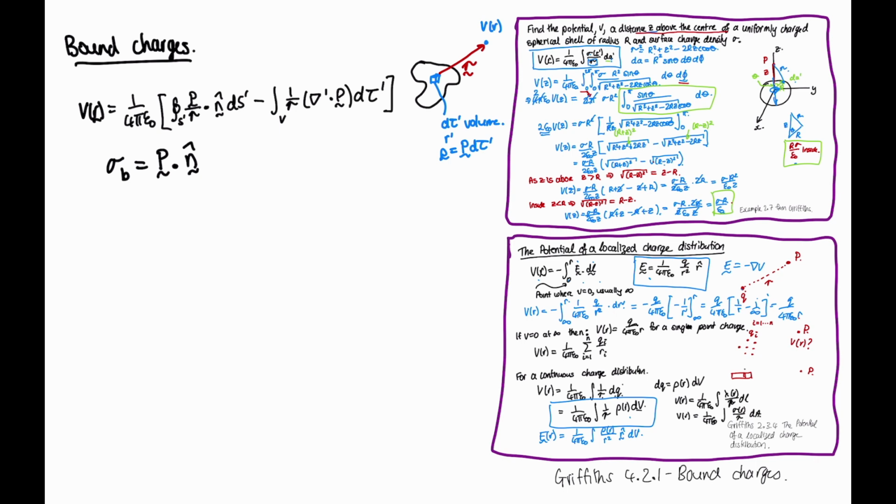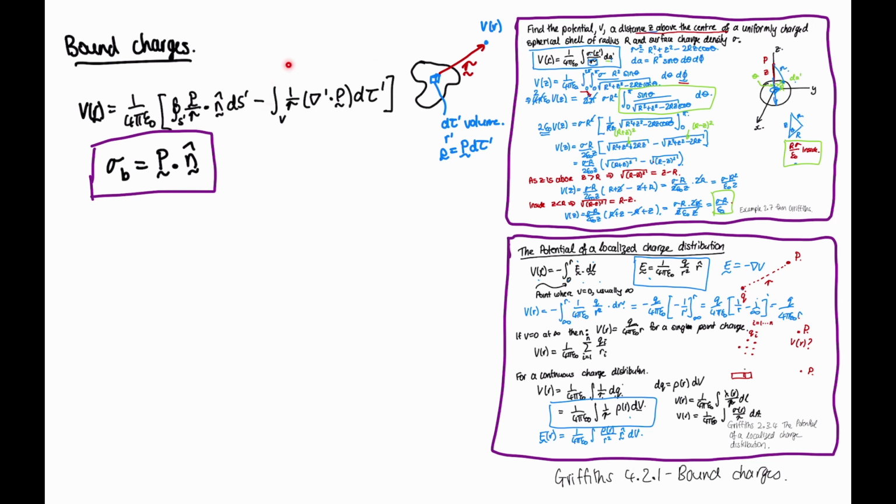And we'll put this in a box because this is an equation that's going to come up a lot. So the surface charge density for these bound charges is given by the polarization vector, the dot product of that with the normal to the surface. And this is a closed surface here. And then it should all just work the same as it did for a normal surface charge density.